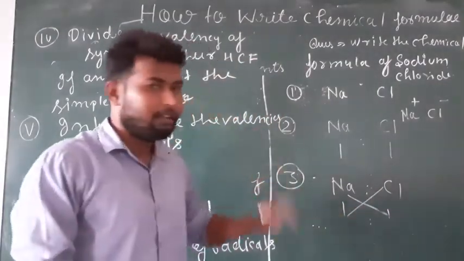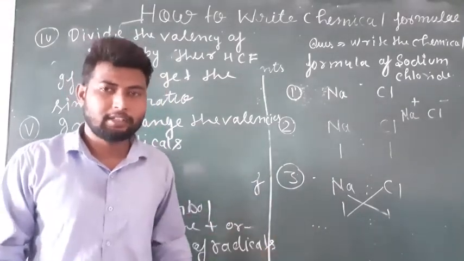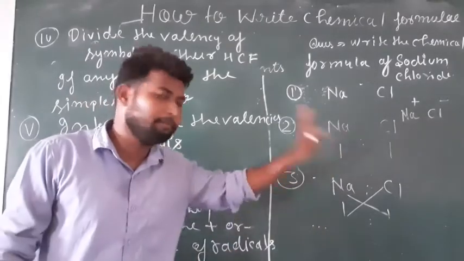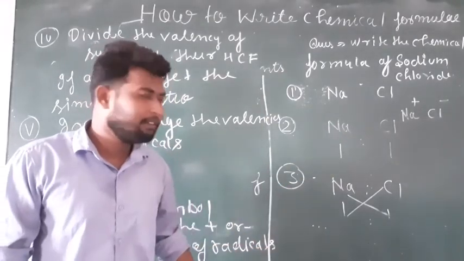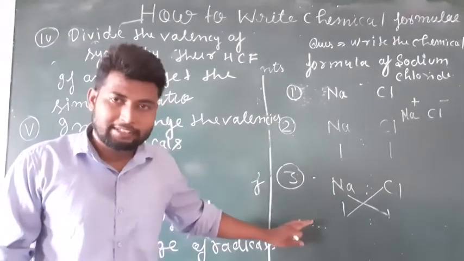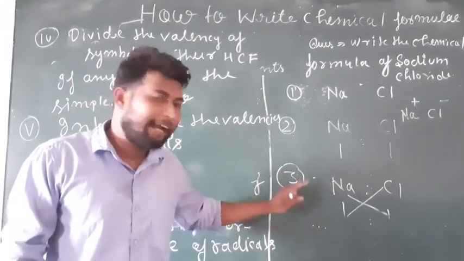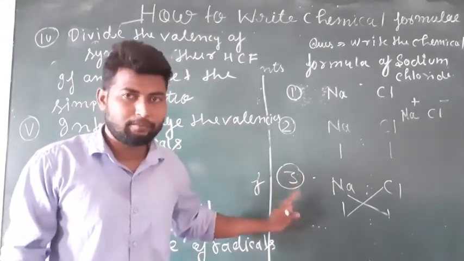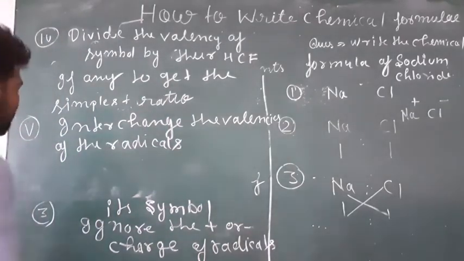So students, one trick for you: if you get both valencies the same, then cancel the valency and directly write the symbols. And if you get different valencies, then you interchange the valencies, take suitable digits, and write in simplest form. So our rule number 5 is also over.